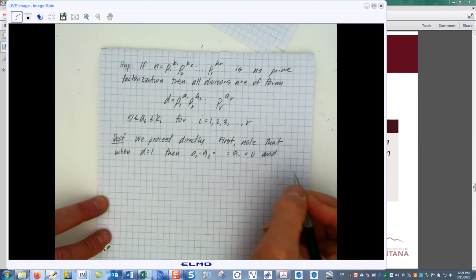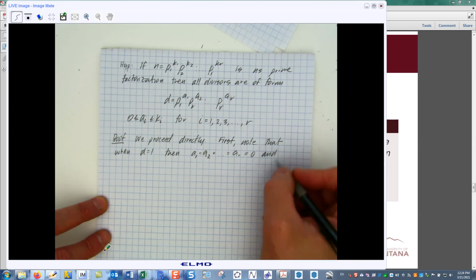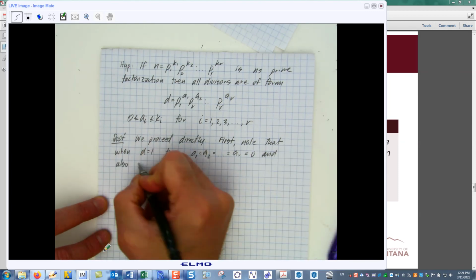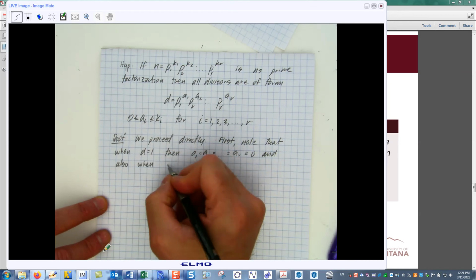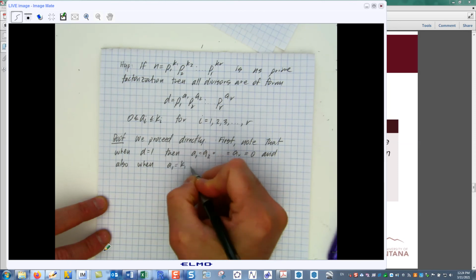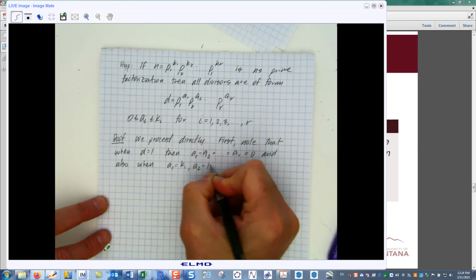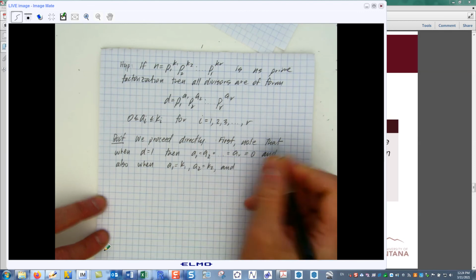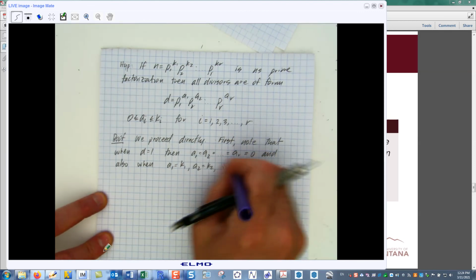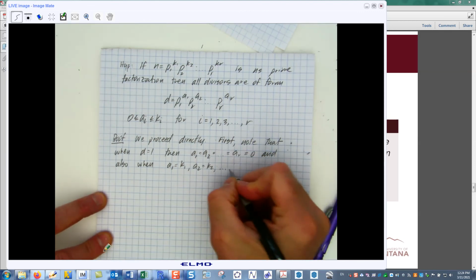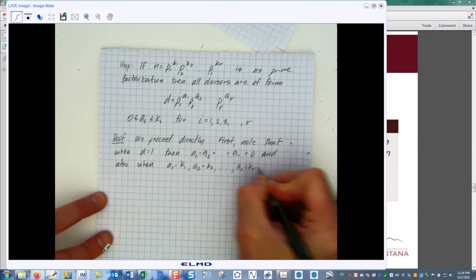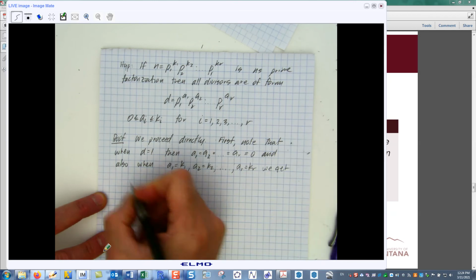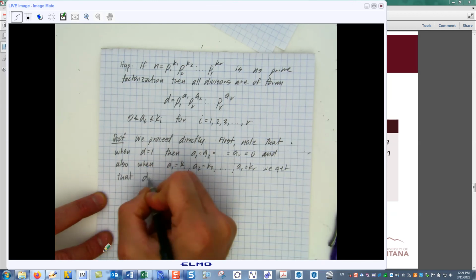And also, when a_1 is equal to k_1 and a_2 is equal to k_2, and so on up to a_r equal to k_r, we get that d is equal to n.